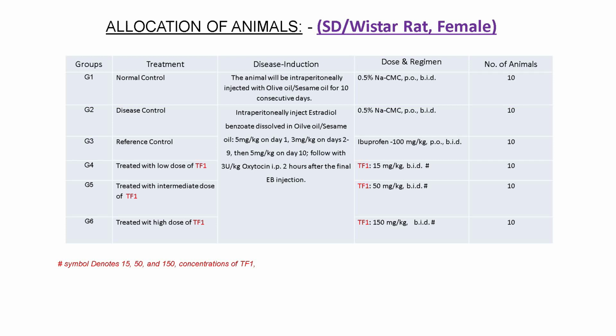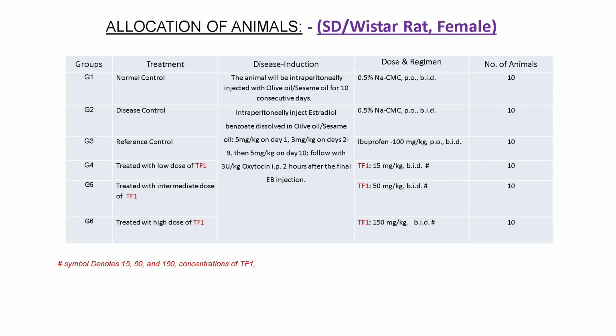So here you can see, on day 1 we are going to give 5 mg, then day 2 to day 9 we will give 3 mg, and lastly on day 10 we will give a 5 mg dose of estradiol. After 2 hours we will check the writhing effect by giving oxytocin at a dose of 3 units per kg.